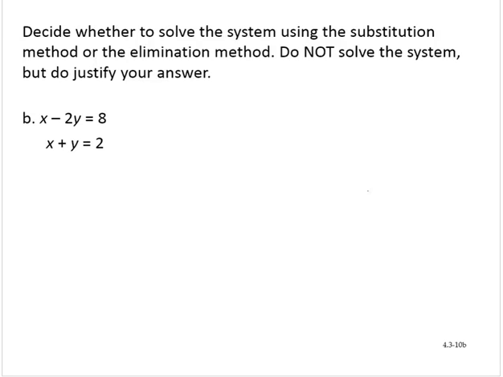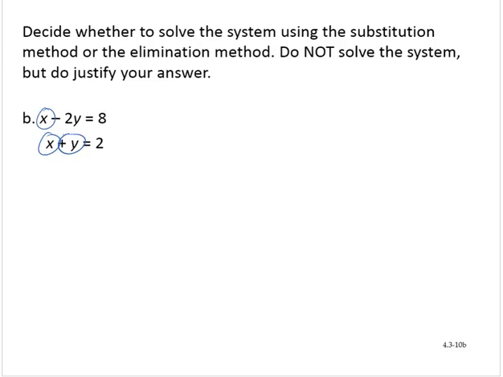So here's another system. We have x minus 2y is equal to 8 and x plus y is equal to 2. Now, frankly, I would use either one on this one. It's because if I look at the variables, I could easily isolate any of these three variables just by either adding 2y on the first equation or subtracting either the x or the y on the second equation.